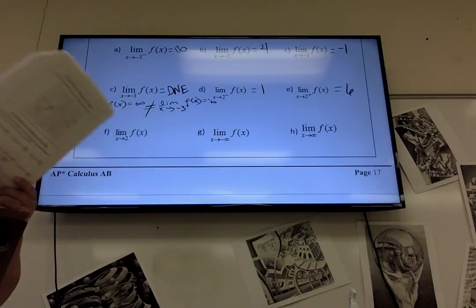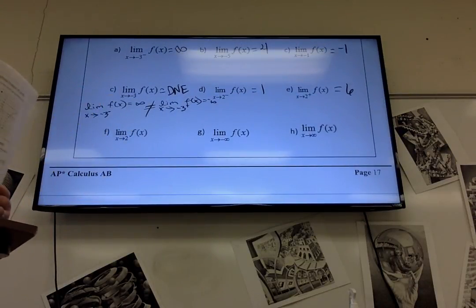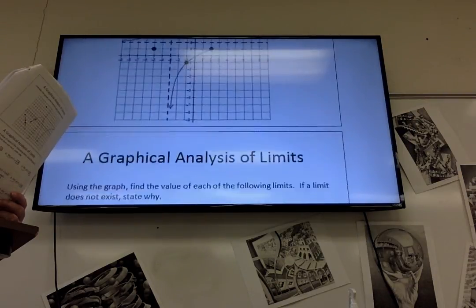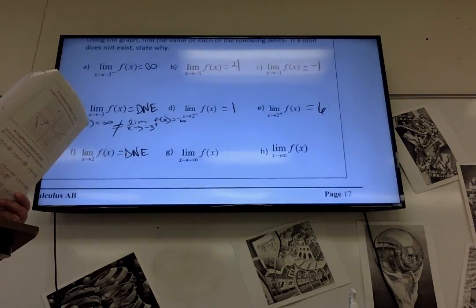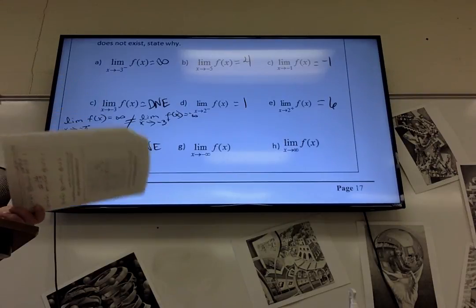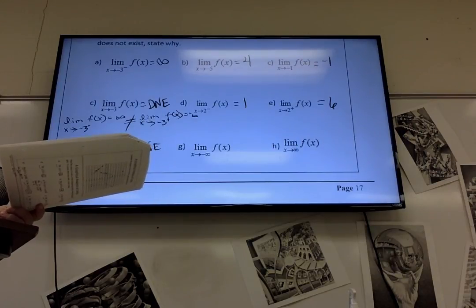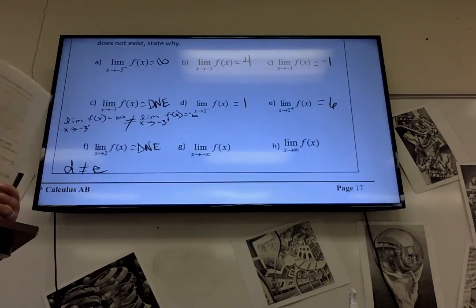All right, last 3. Limit as x approaches 2 should be, does not exist. As it approaches 2, we see on D and E, they're not the same thing. So, does not exist because D does not equal E. Limit as x approaches negative infinity is 2.